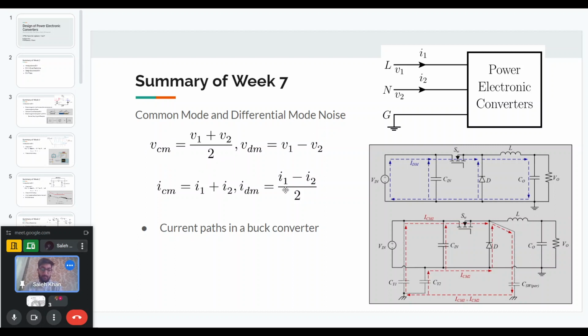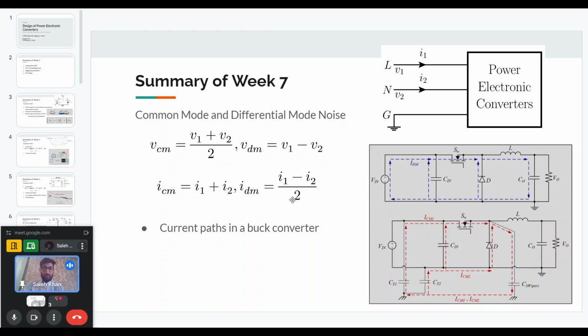Similarly, the differential mode current would be I1, going into the converter, and ideally the same current should come out of the converter in the opposite direction. So I2 should be equal to minus I1. If that is the case, then we will have zero differential mode current as defined here.